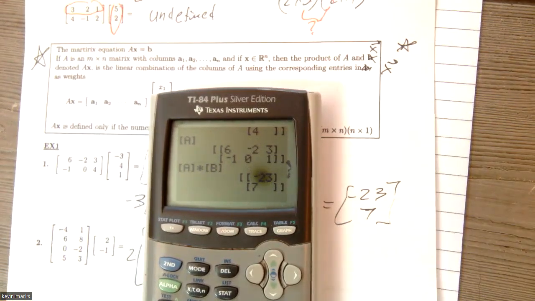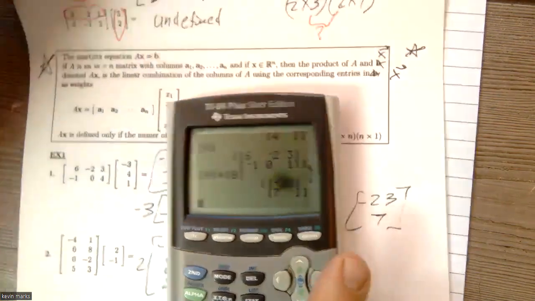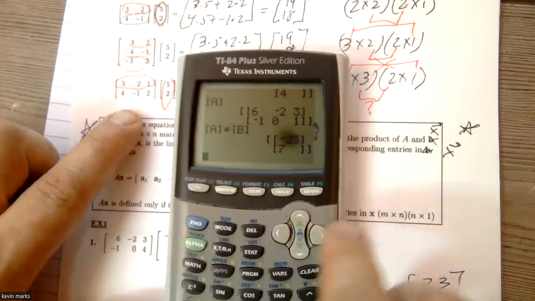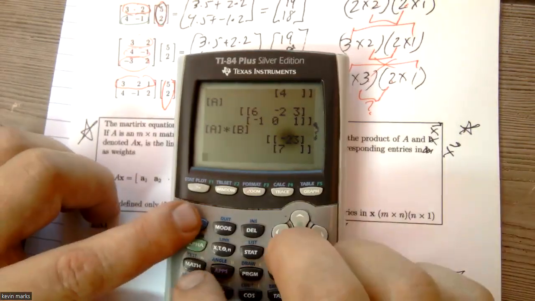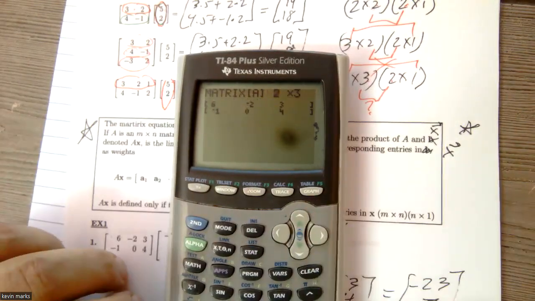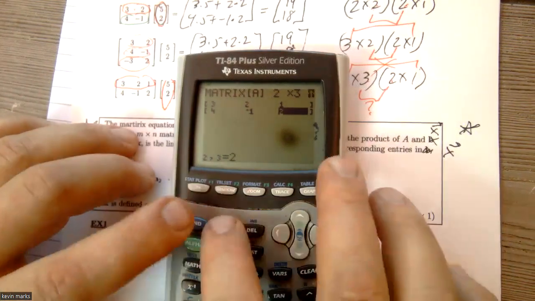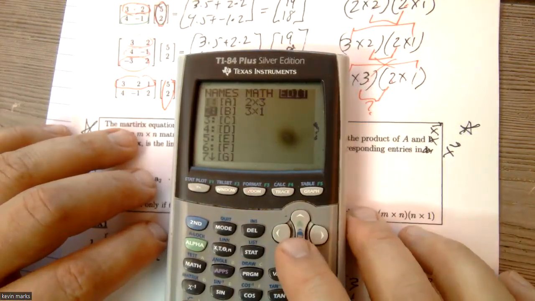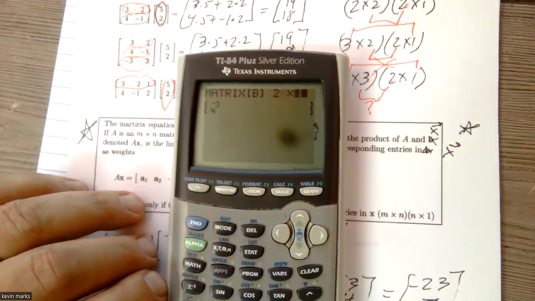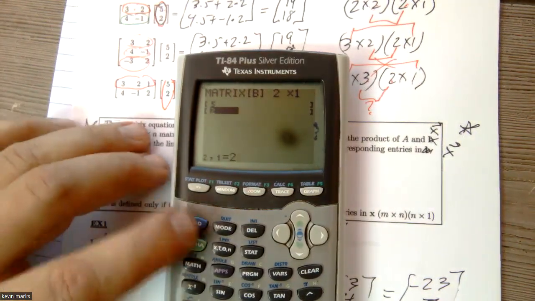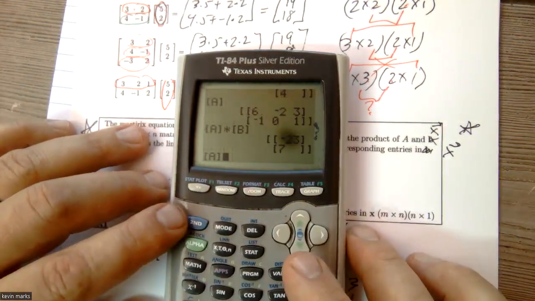All right, but anyway, you can see that it definitely does work. And it's probably also worth showing you one that doesn't work. If I go to A here, in this case this is a 2 by 3: 3, 2, 1, 4, negative 1, 2. And then B is a 2 by 1: 5, 2. Let me just check.